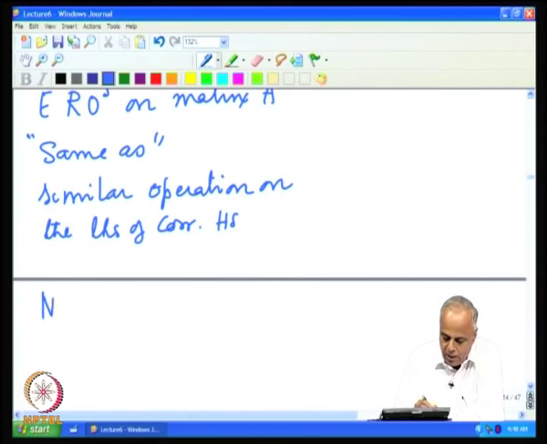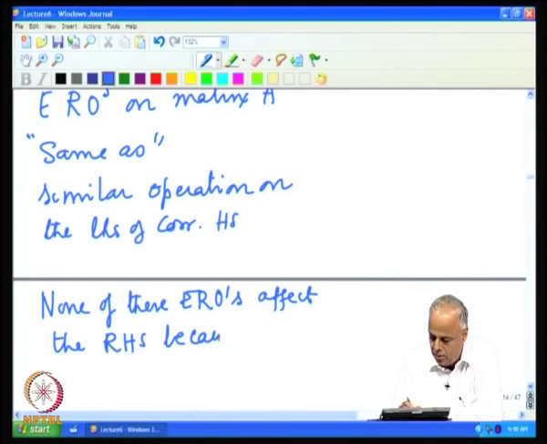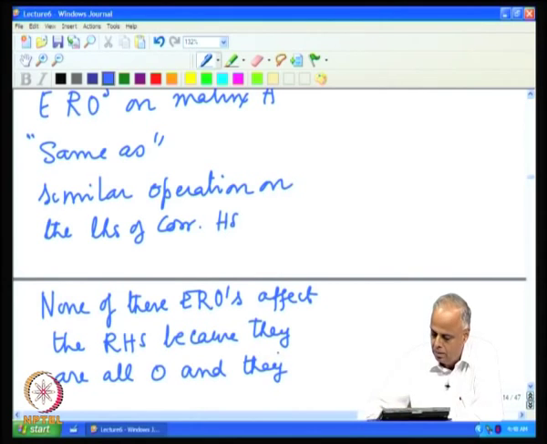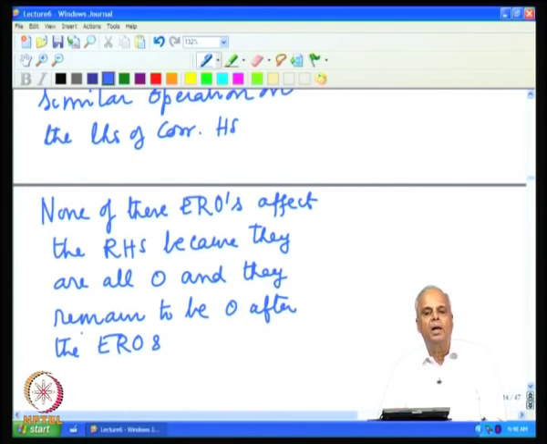So, we notice that none of these EROs affect the RHS, because they are all 0, and they remain 0 after the EROs, and therefore, we do not even bother to do these EROs on the right hand side.